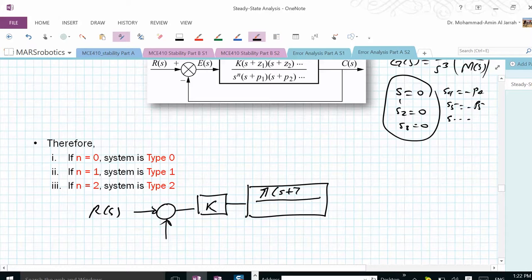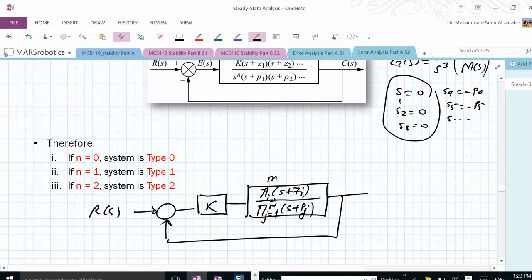The product of S plus Zi, i equals 1 to M, over the product of S plus Pj, j equals 1 to N. I don't want to write S plus Z1 times S plus Z2 and so on, so I write it as a product of terms.